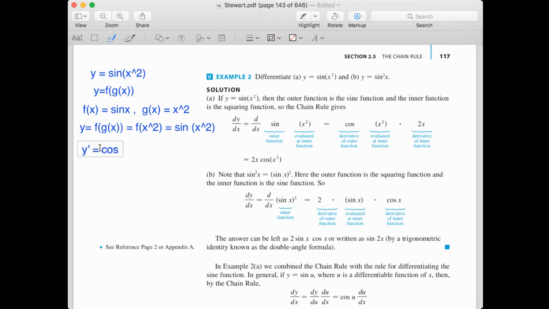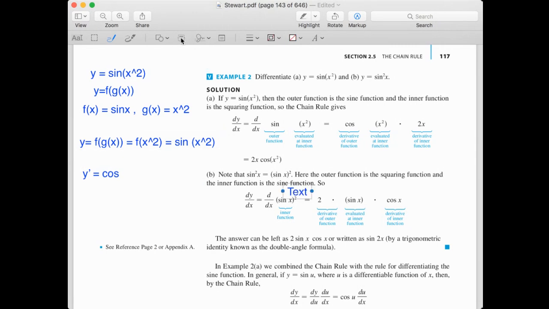But maybe let me write one more step here. Remember, x is just a variable, right? x can represent any expression. So what's f prime of x? That's cosine x. Same thing, what's g prime of x? That's 2x, right?